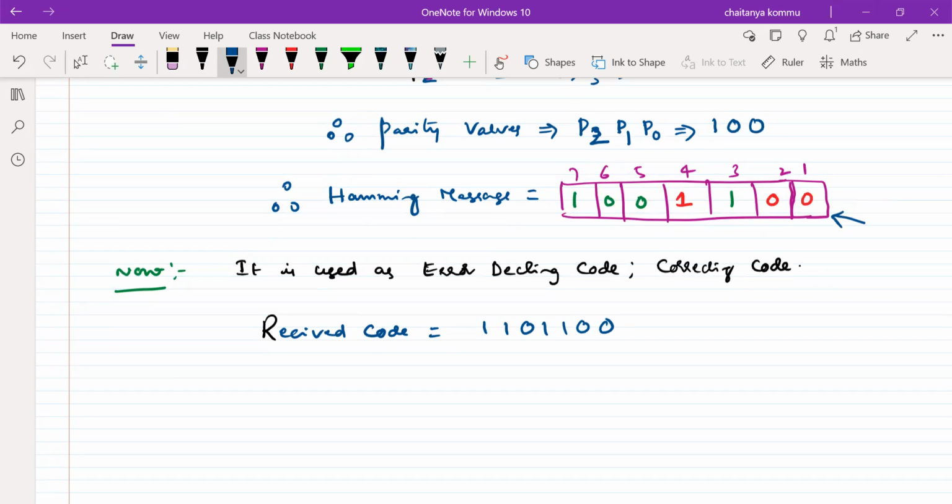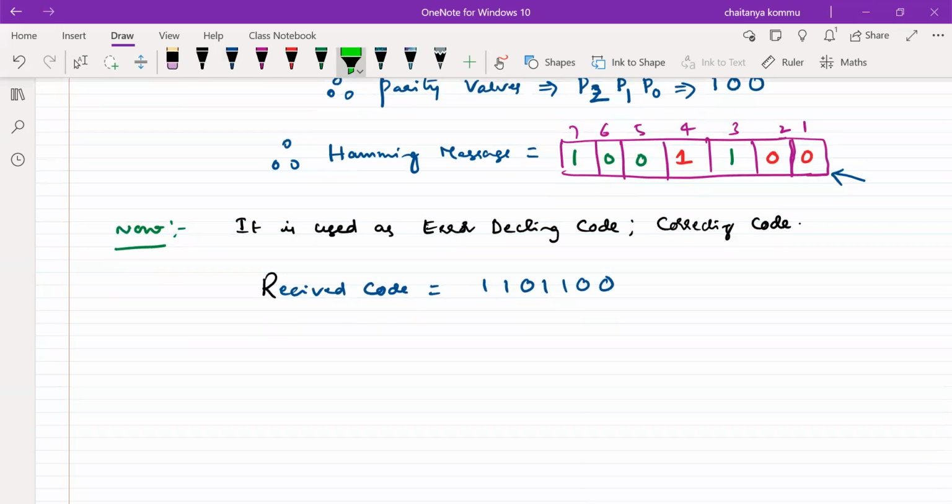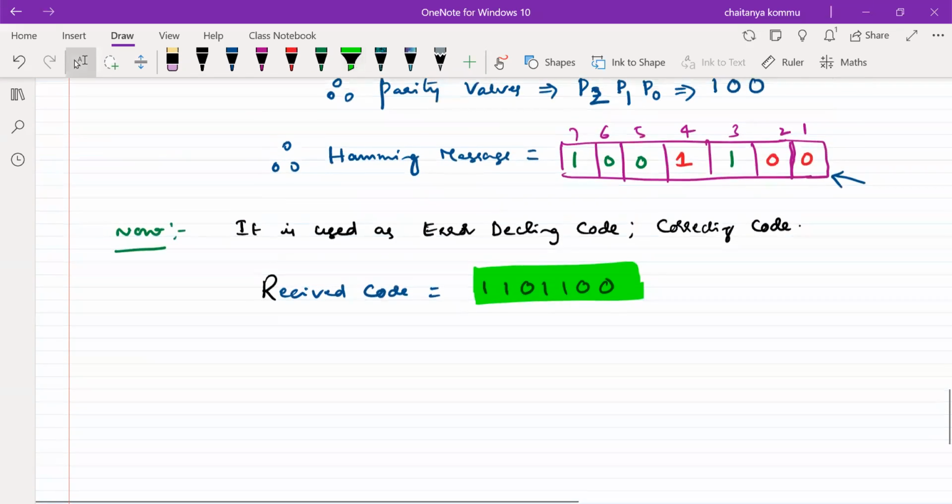At the receiver end I got this information. As a human, because I am a designer, I know that the sixth position is the problem, but the circuit has to identify this problem. How do we do this? So the circuit does something like this.